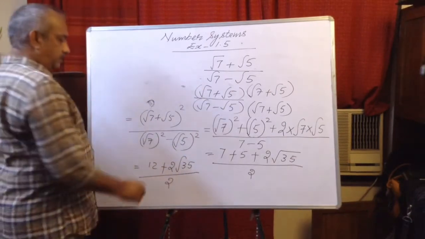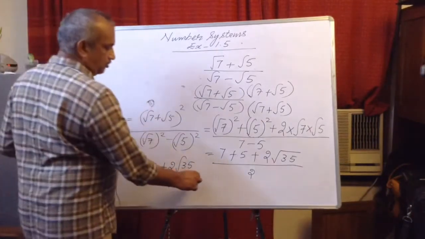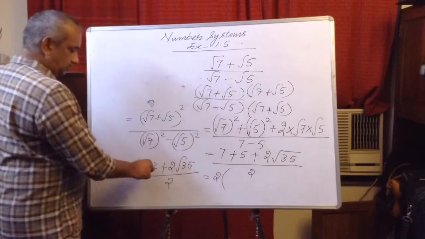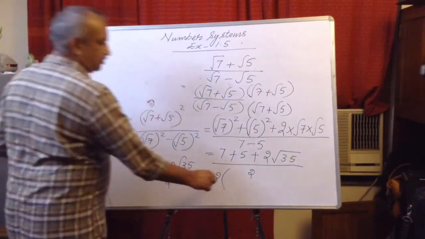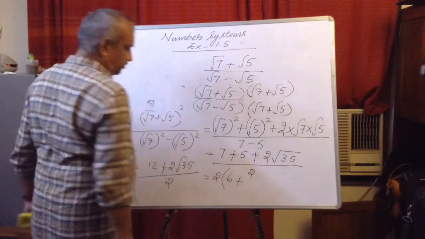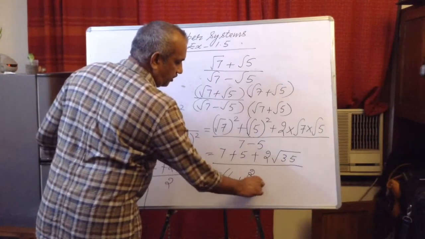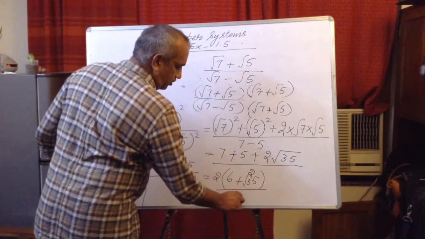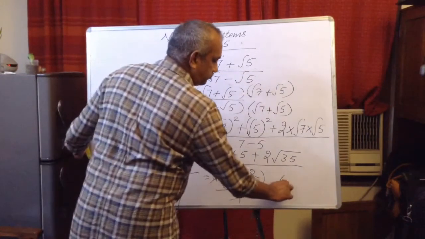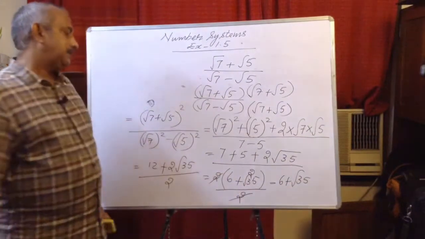Now in the numerator, this is a multiple of 2, and there also 2 is there. So we can take 2 common and cancel the 2 outside. From 12, if 2 goes, 6 is left. Plus from 2 root 35, 2 is gone, so root 35 upon 2. 2 and 2 get cancelled. Answer is 6 plus root 35. So like this you will get the answer.